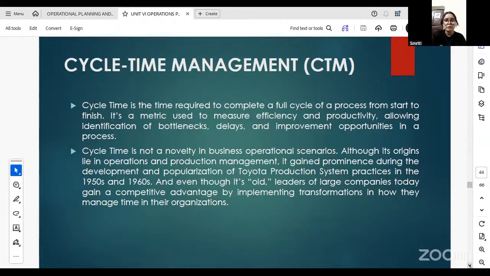And even though it's old, leaders of large companies today gain a competitive advantage by implementing transformations in how they manage time in their organizations. The whole thing, cycle is the whole thing, right from the beginning to the end. Each activity, how they are routed, how they are scheduled, to keep on monitoring it.